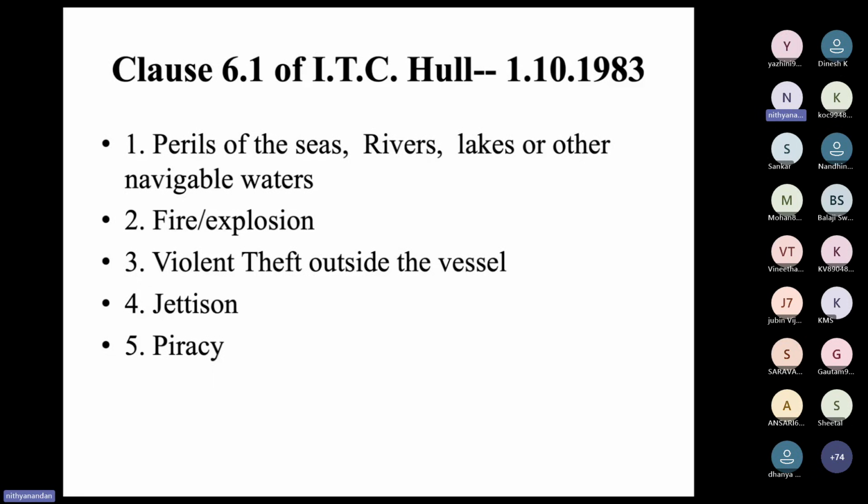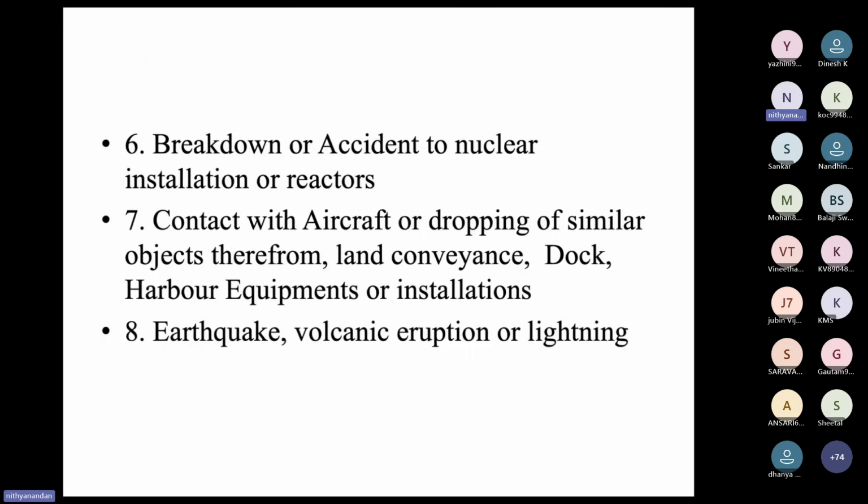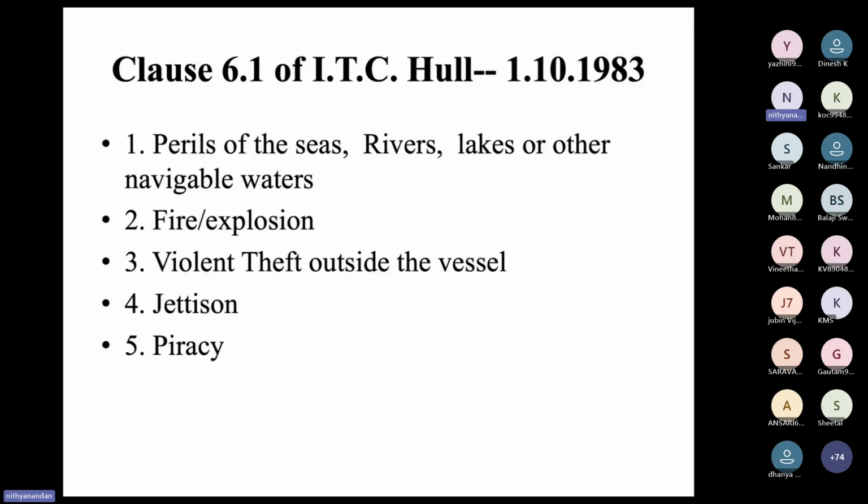Three more are there: breakdown or accident to nuclear installation reactors, contact with aircraft, earthquake, volcanic eruption, and lightning. These 8 perils where the insured has no control are called uncontrollable perils and come under class 6.1 of the hull policy.